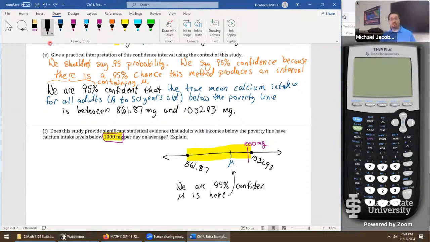Let's write this all up carefully though, because it's a pretty tricky question. And like we mentioned, this is part of the logic of what's going on in hypothesis testing coming up.